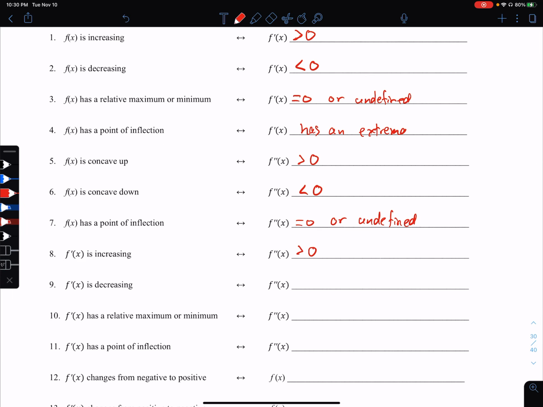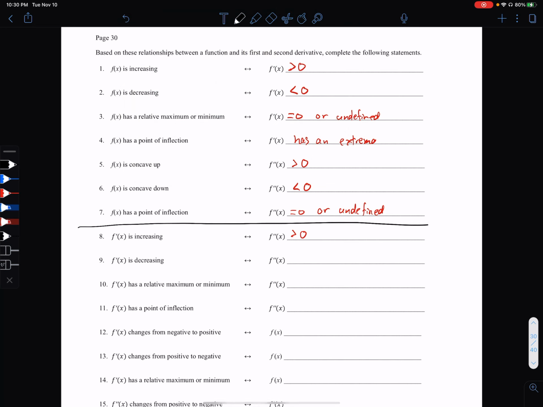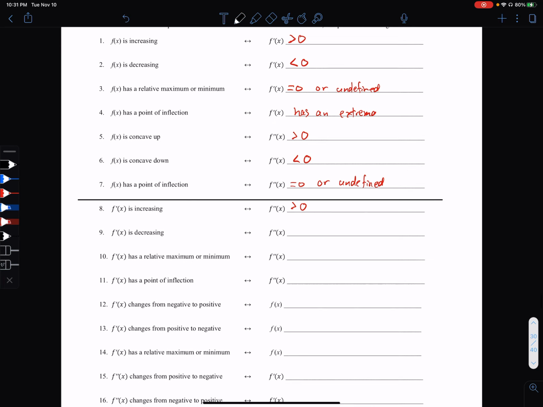So keep in mind, once we get to this point here, we are repeating answers because the relationship between f and f prime is the same relationship that f prime has with f. If f prime is decreasing, then f double prime is less than 0.